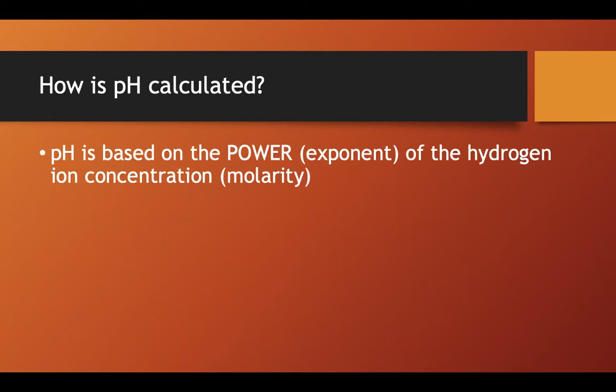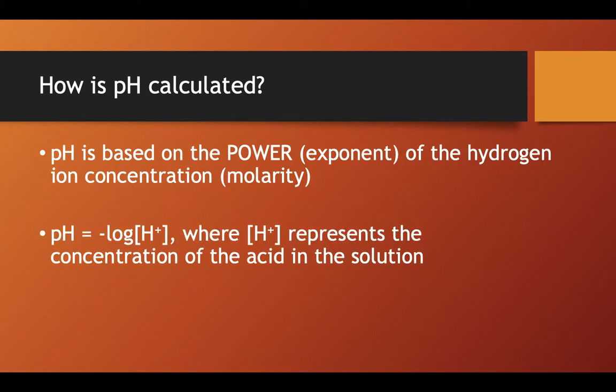So pH is based on the power, aka the exponent, of the hydrogen ion concentration. Remember that we measure concentration by calculating the molarity of a substance. To calculate pH, we take the negative logarithm of the hydrogen ion concentration. Don't be scared about that. The logarithm is simply a button on your calculator.